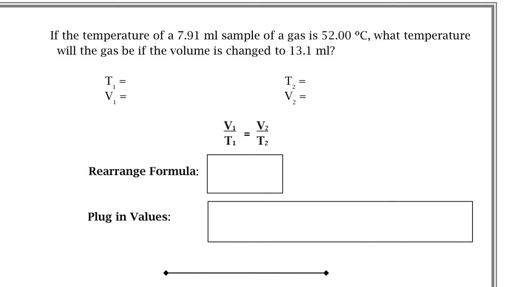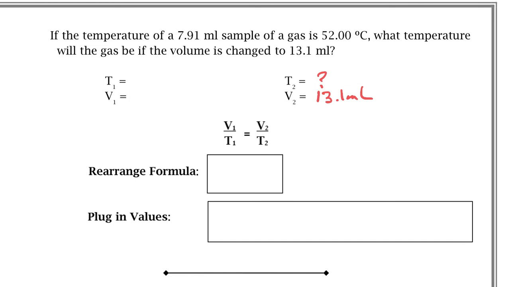So if the temperature of a 7.91 milliliter sample of gas is 52.00 Celsius, what temperature will the gas be if the volume changes to 13.1? What is my unknown? T2. What is the volume that goes with T2? 13.1 milliliters.